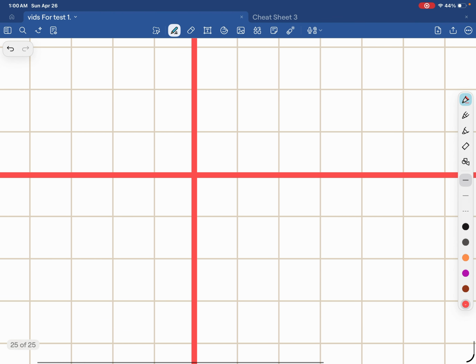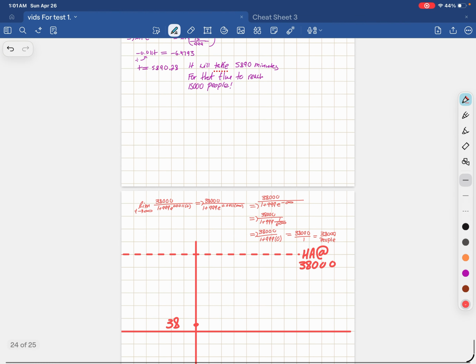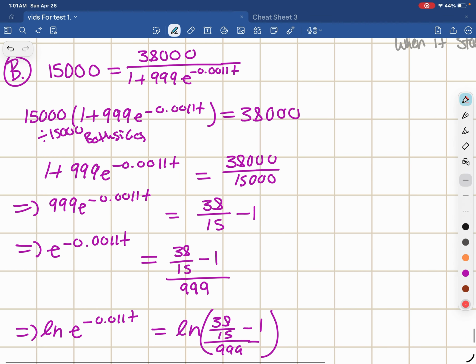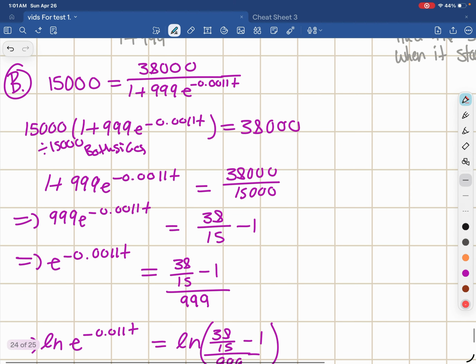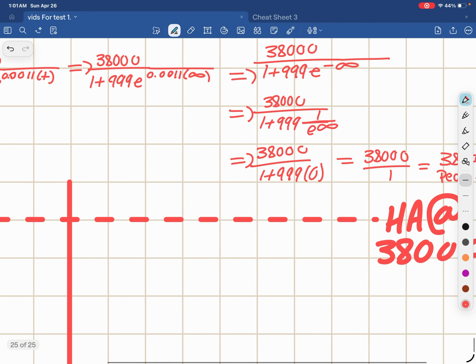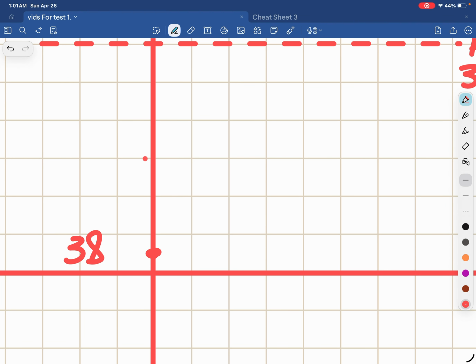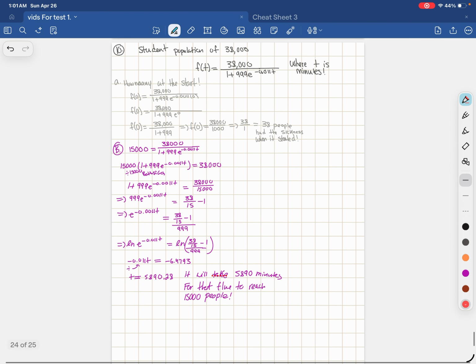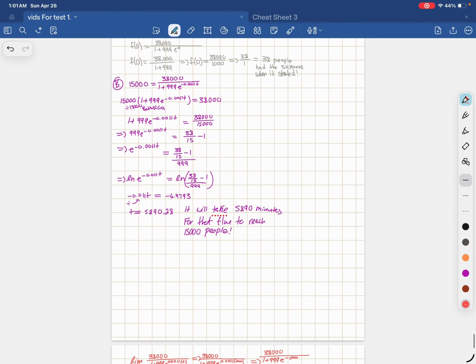Our starting point will be here, and this is 38 people. And then what's going to be our next point? Well, we can actually go up here, and we know 15,000 is a value that we have for y, so we can jot that down right here. You want to make it as accurate as possible. It's hard with these big numbers. So we have 15,000 right there, which we get from our second part of the equation.